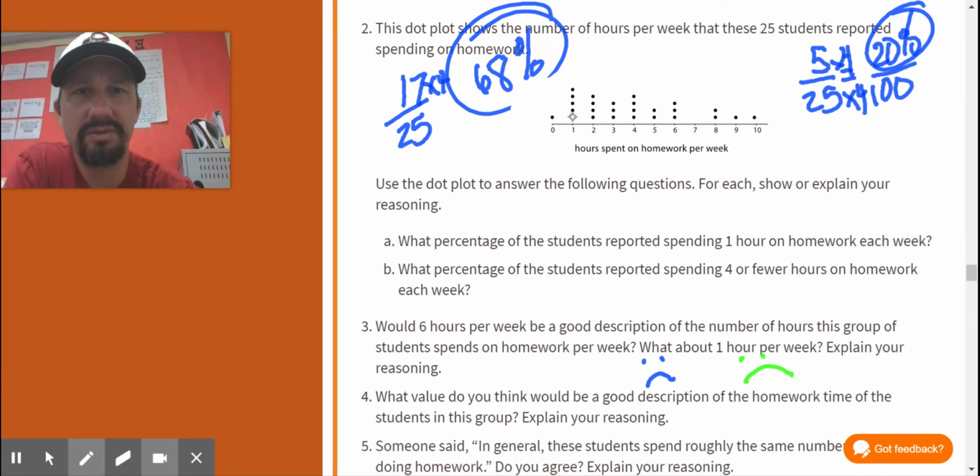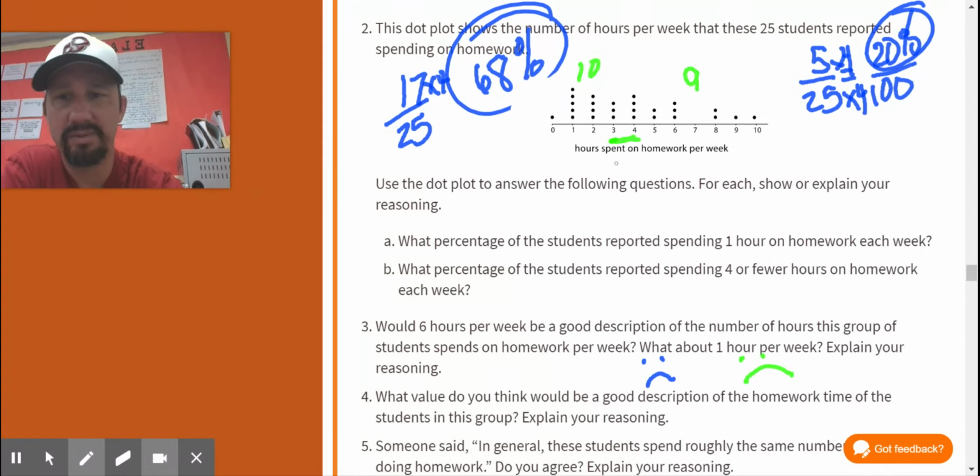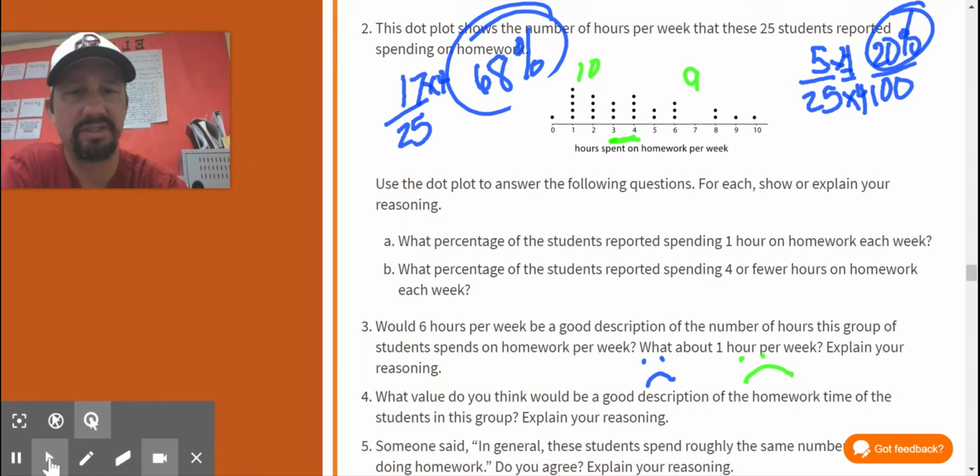So that's 1, 2, 3, 4, 5, 6, 7, 8, 9, 10, 11, 12, 13. So if you said about 3 or maybe even 3 to 4 hours per week, you're going to have 9 over here, and 10 over here. So yeah, that's pretty good. 3 to 4 hours per week would be a good description because it's about in the middle.